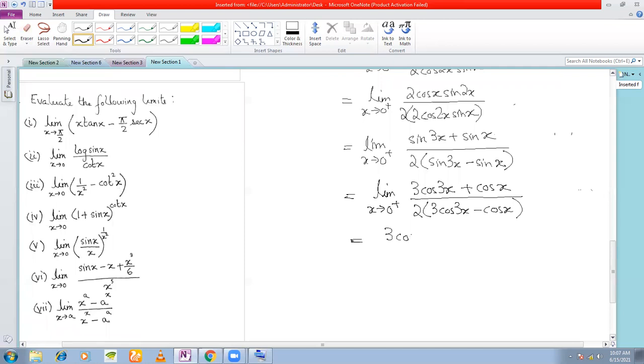So you get 3 cos 0 plus cos 0 divided by twice 3 cos 0 minus cos 0, which is equal to, cos 0 is 1. So here in numerator you get 4, and here you get 2 into 3 minus 1, which is 2. So you're getting 1, and that is your answer.